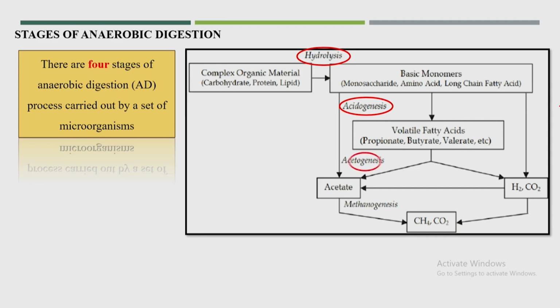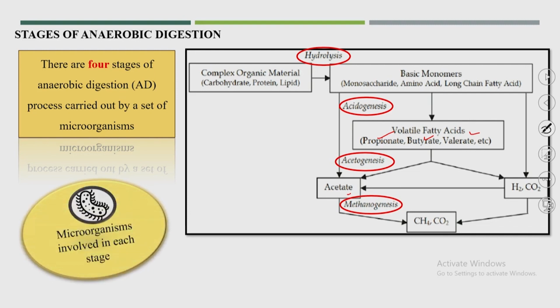In acidogenesis, propionic acid, butyric acid and valeric acids are produced, but in acetogenesis these acids are broken down and converted into acetic acid. Finally, from acetic acid we get methane and carbon dioxide as the final product, the biogas.